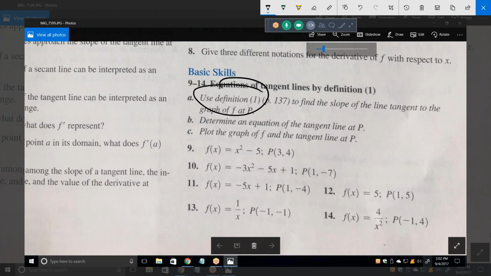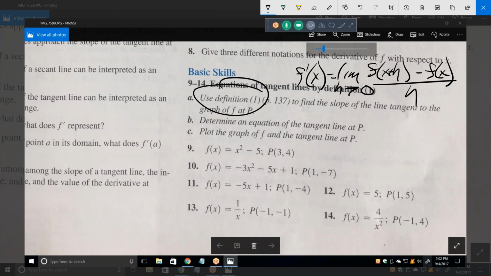And I'm assuming definition 1 is f prime of x equals the limit of f of x plus h minus f of x all divided by h as h goes to 0.